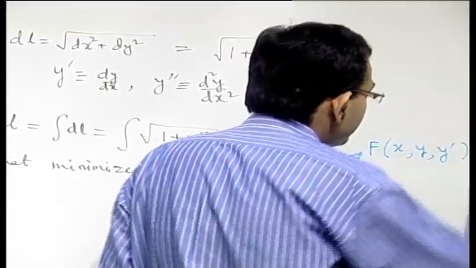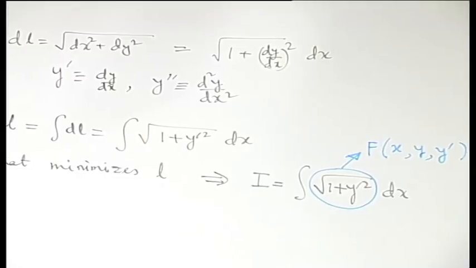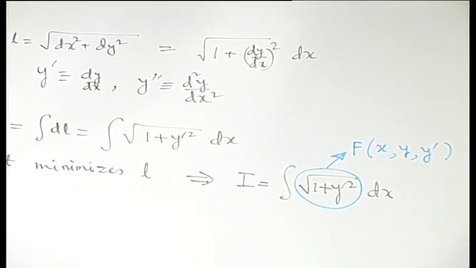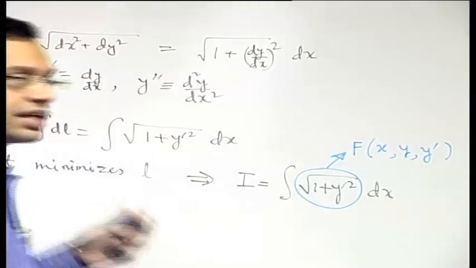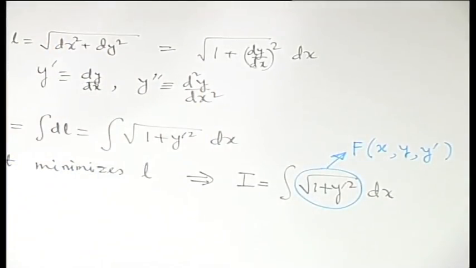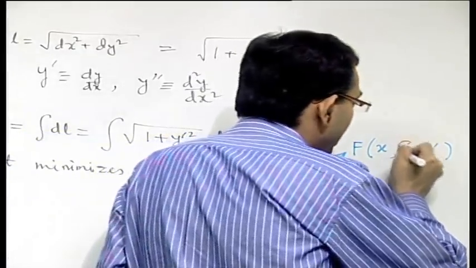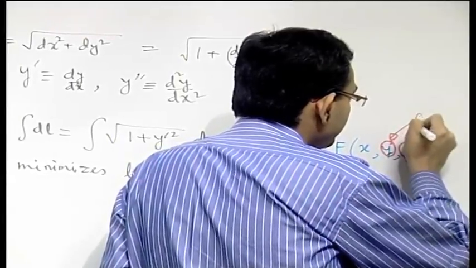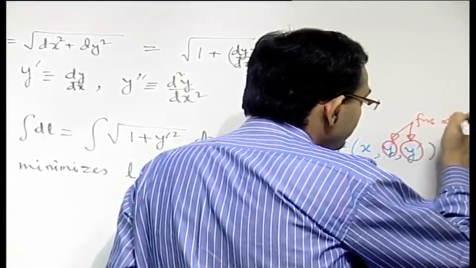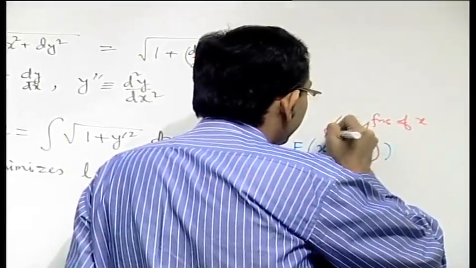But let us just consider the case where this function is a function of x, y, y dash, out of which x is the independent variable. We can clearly make out that y and y dash are themselves functions of x.